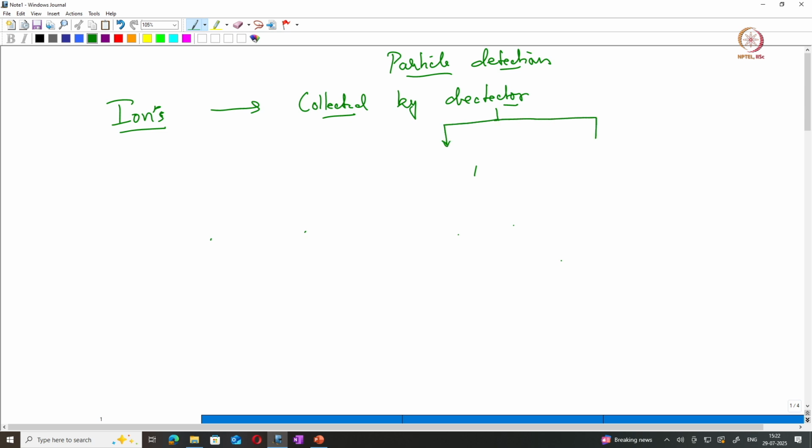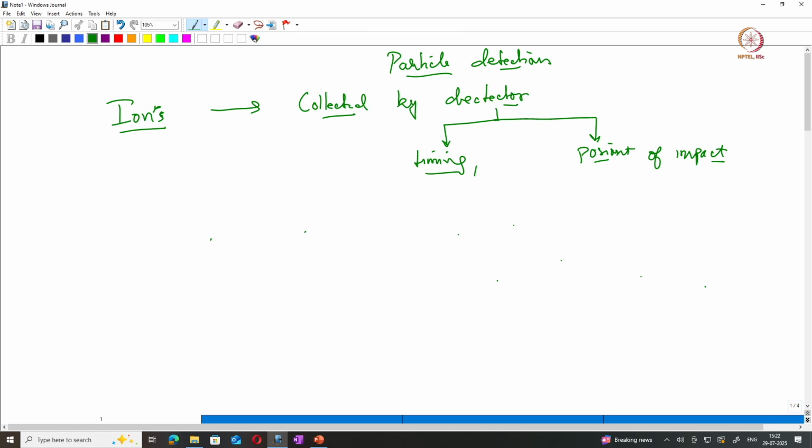One is that the detector provides the timing and also the position. Timing means the time of flight, and the position means at which position the particular ion has hit or impinged on the detector, the position of the impact of each ion on the detector.